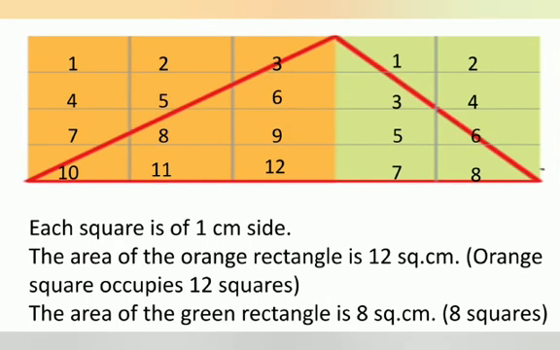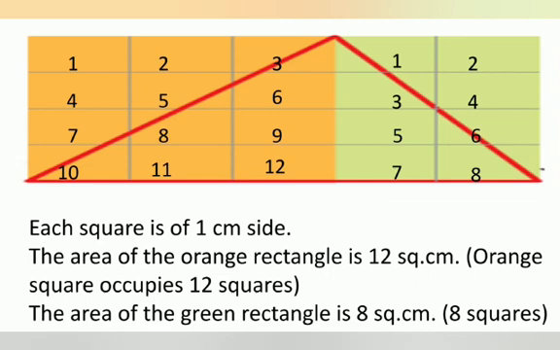Each square is of 1 centimeter side. The orange rectangle occupies 12 squares. So, the area of the orange rectangle is 12 square centimeter. The green rectangle occupies 8 squares.